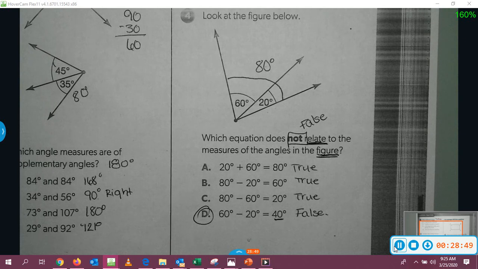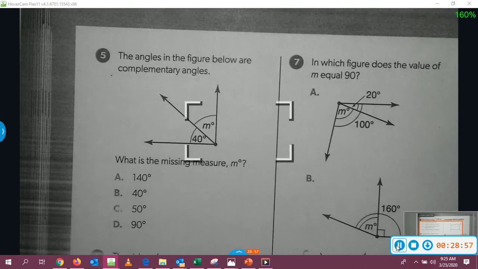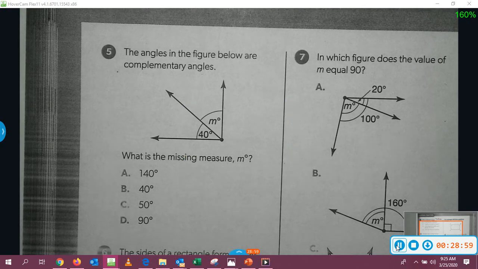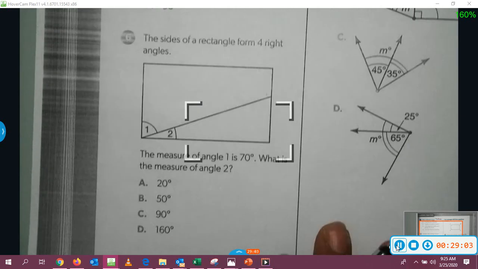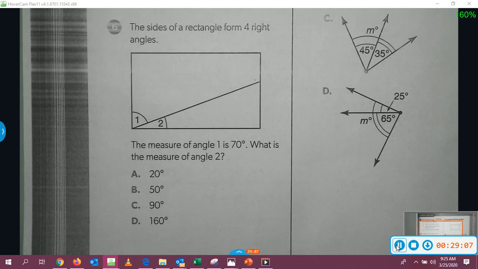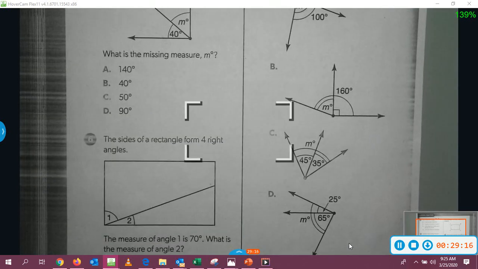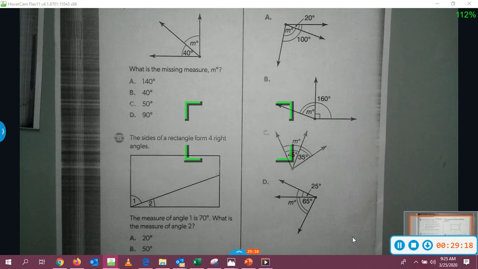Okay. Now let me go ahead and give you your practice before you start your Study Island. Your practice will be number 5, number 6, and number 7. Let's see if I can back the camera out just a little bit so you can get the total question.